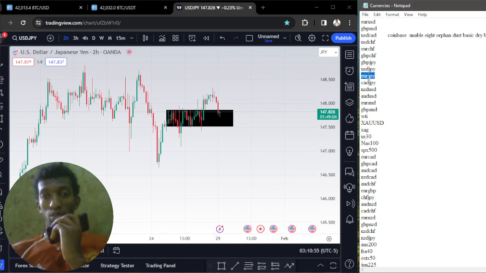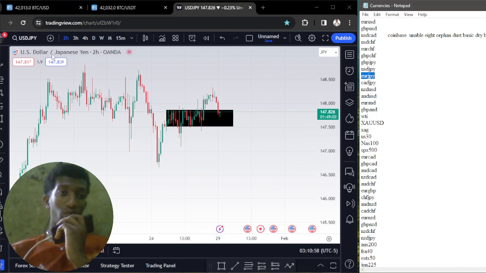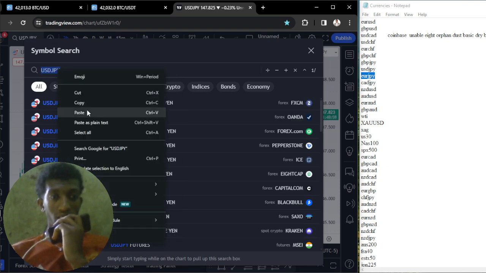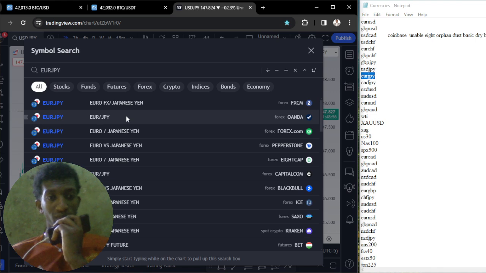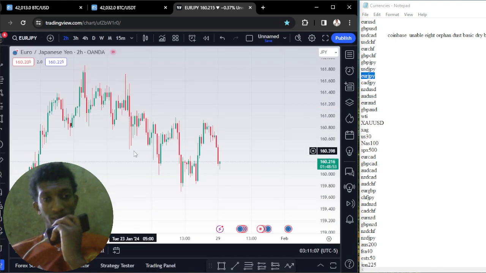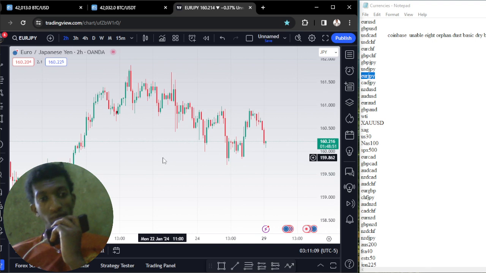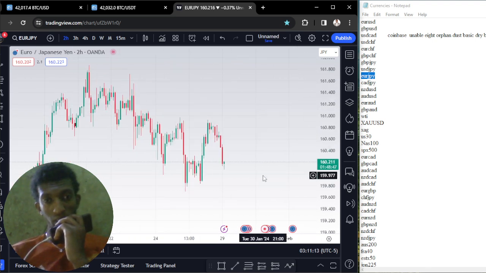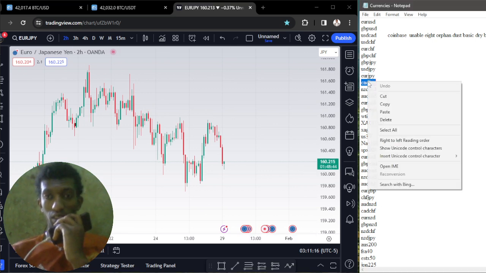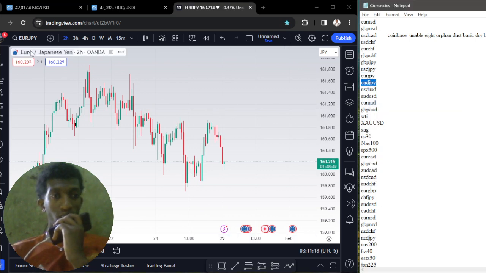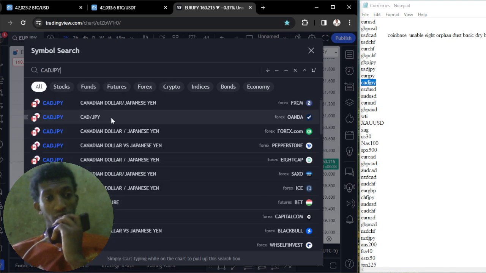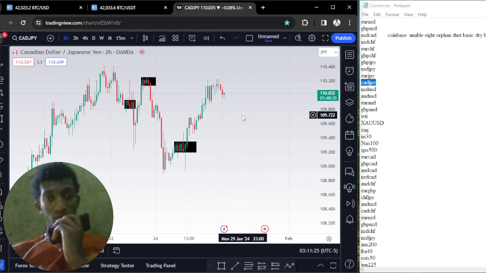Next, euro yen. The yen pairs, all of them are still recovering from the bear moves that they have started, but it was a pullback. It is just a pullback. They will go up in no time. No trade on EJ, no trade on CJ.